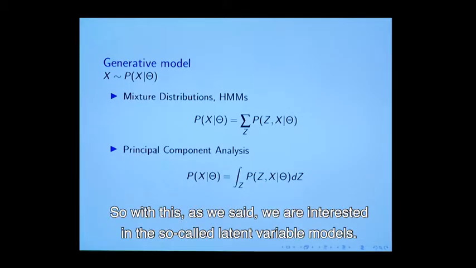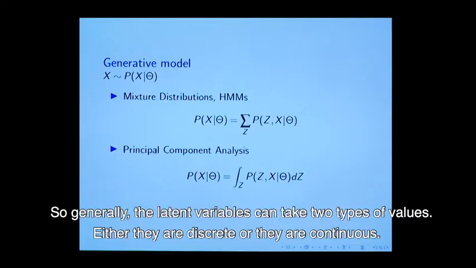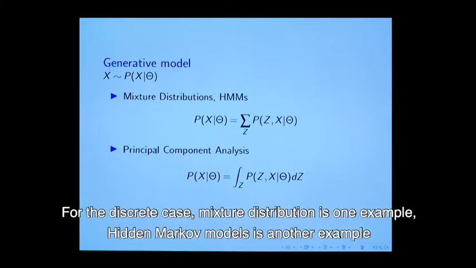Generally the latent variables can take two types of values, either discrete or continuous. For the discrete case, the mixture distribution is one example, and hidden Markov models are another.